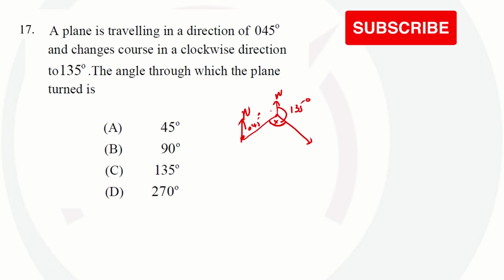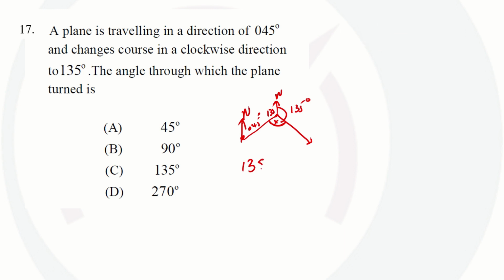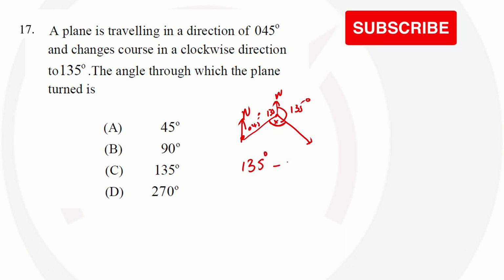Here is 45, so this would be 135, because these two angles add to give 180. You could say 360 minus 135 minus 135, and you get 90 degrees. Or you could say 135 minus 45 degrees, and that gives you 90 degrees.